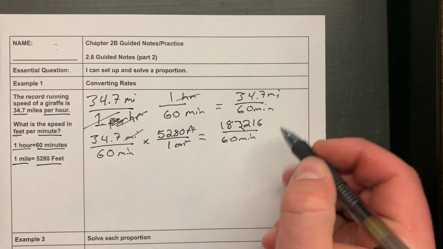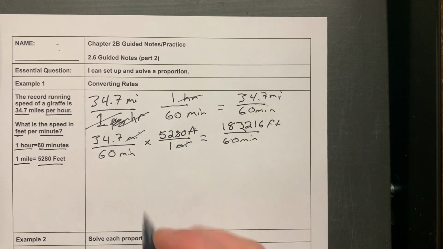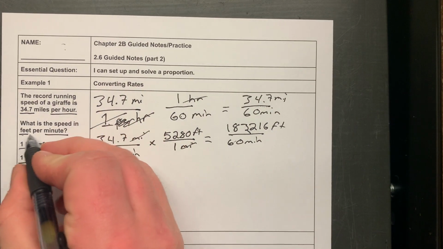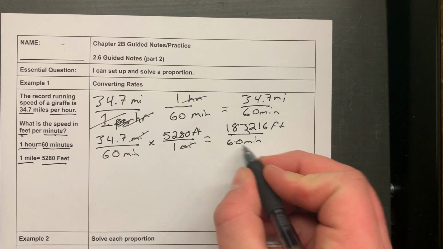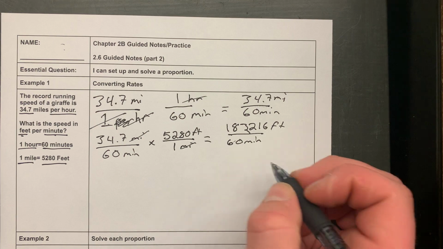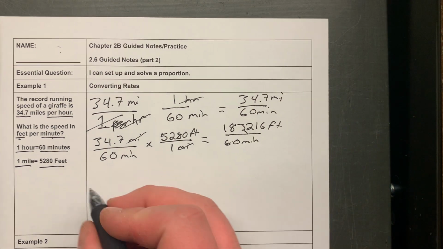Now I just need to reduce, because now I'm left with feet over minutes. And I need to get down to 1 minute on the bottom, because I'm trying to find out how many feet per minute that giraffe was traveling. So how can I divide 60 to get down to 1? I can divide 60 by 60 to get 1 there.